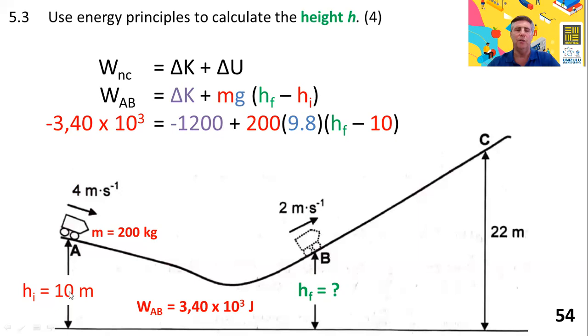The initial height is what was given. Do the calculation carefully, and you'll come up with the final height equal to 8.88 meters. That seems reasonable when you have 10 meters on one side and 22 meters on the other side. Note that it's only 4 marks, so it's likely that you'll use a calculation like delta K from a previous part of the question.